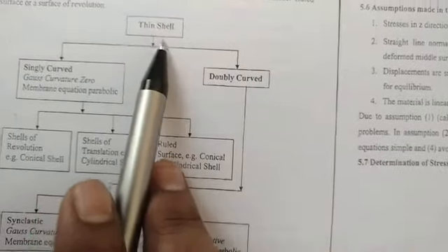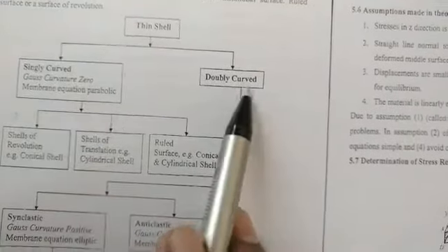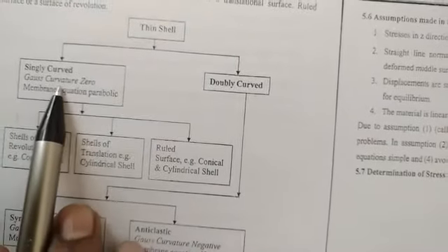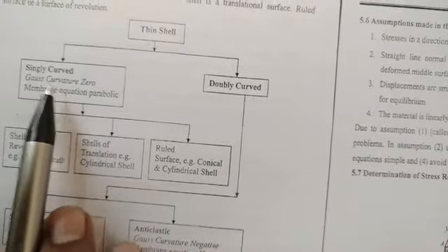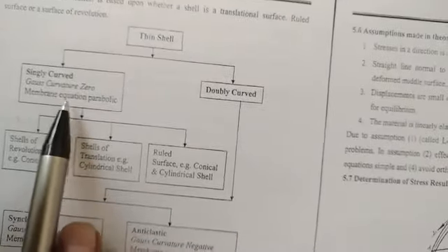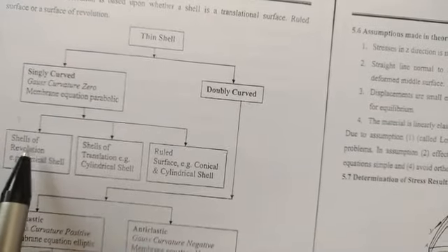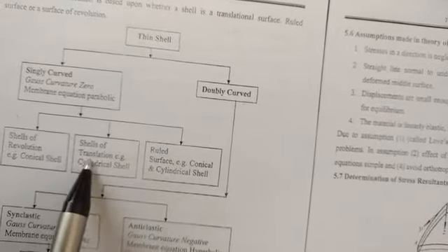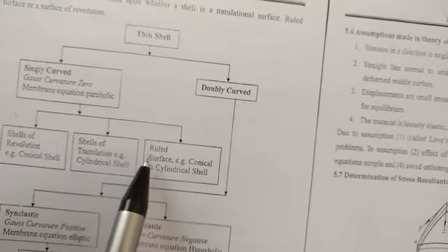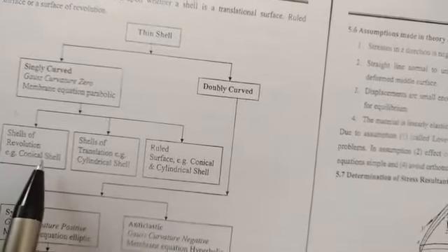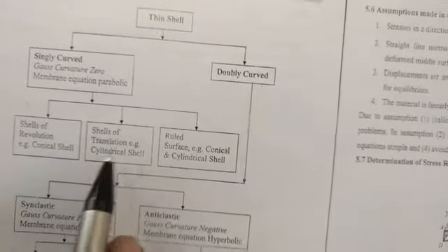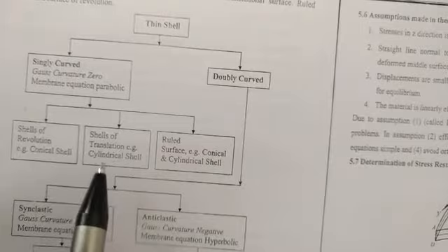We can see that thin shells are classified in two main types, singly curved and doubly curved. Again, these singly curved shells are classified into three types, that is shells of revolution, shells of translation, and ruled surface. So we also have the examples of the shells according to the type.